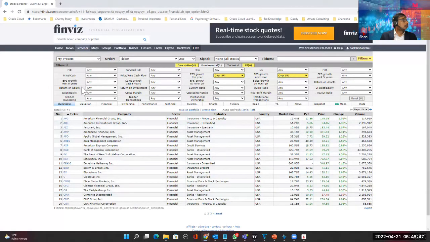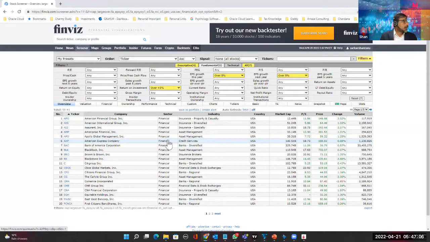Earnings per share growth for the next 5 years you can also do. But let's say select some other criteria as such. Return on investment positive, let's say over 5%. This is just a demo, an example, but going forward, you can further increase other important factors.